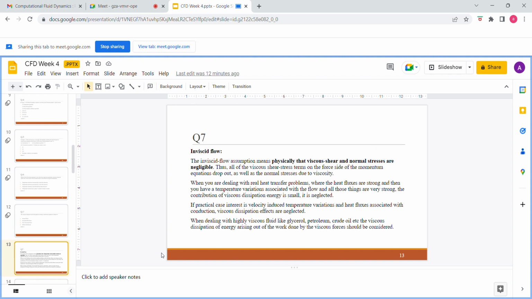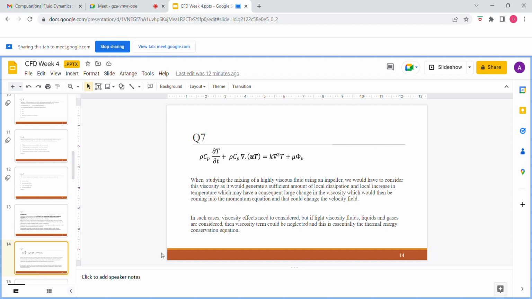In other cases, when highly viscous liquids are considered, additional forces would be included, and also the local increase in the temperature would have a major effect on the viscosity. Thereby, the viscous dissipation effect should be included when we are dealing with highly viscous fluid systems.